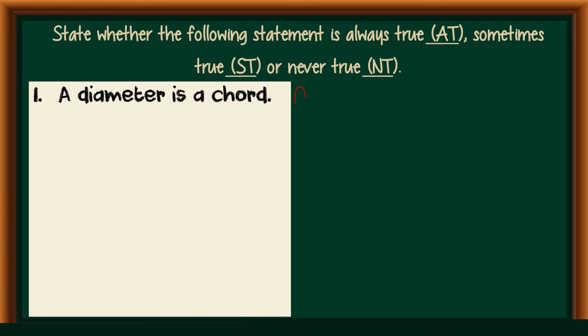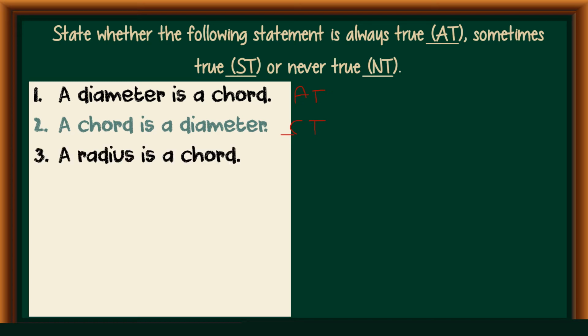Yes, always true. AT. Number 2. A chord is a diameter. Sometimes. Kapag si chord ay dumaan sa center. So, magiging diameter siya. Pero hindi lahat ng chord dumadaan ng center, kaya minsan lang, sometimes true.